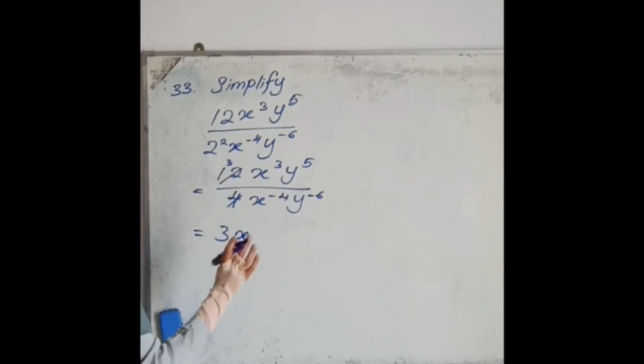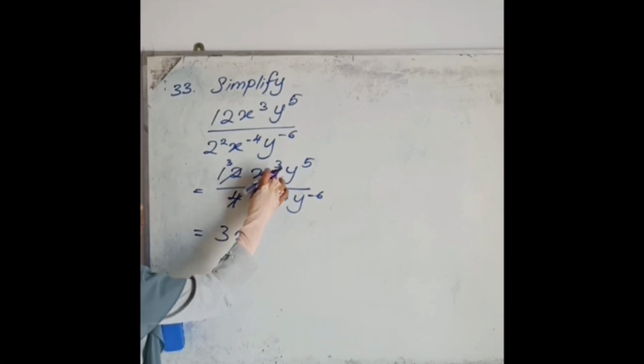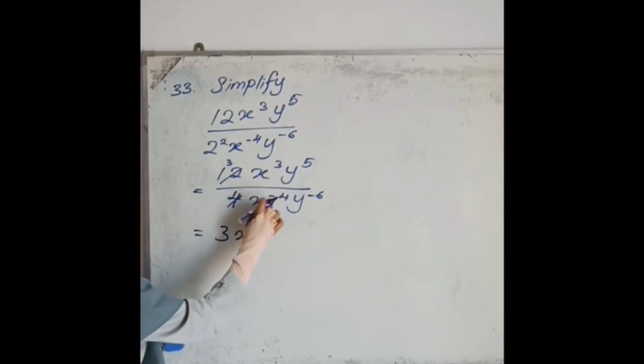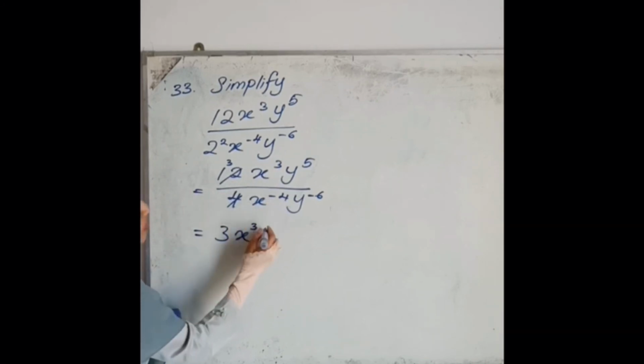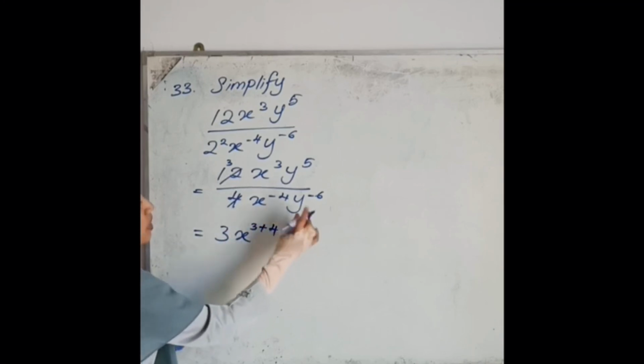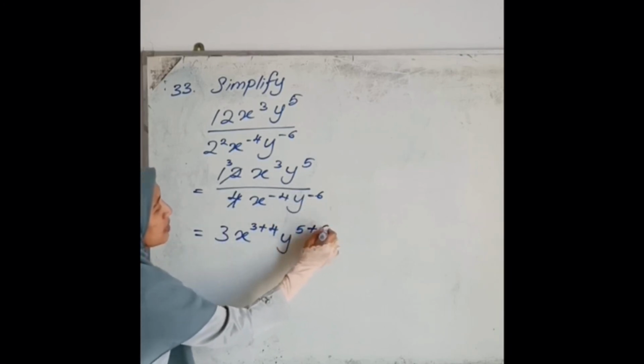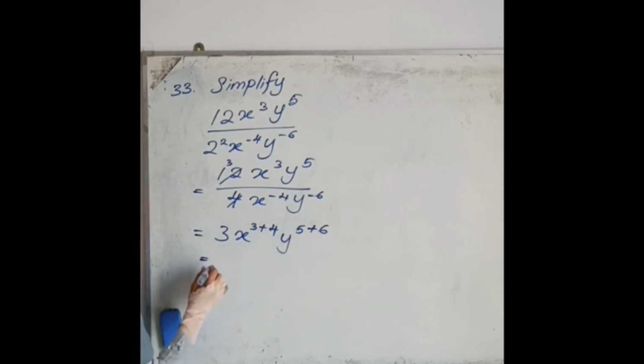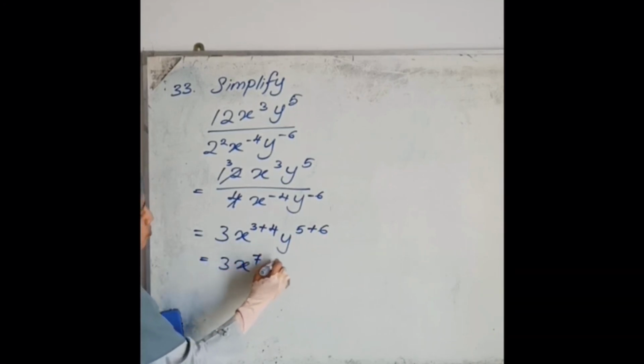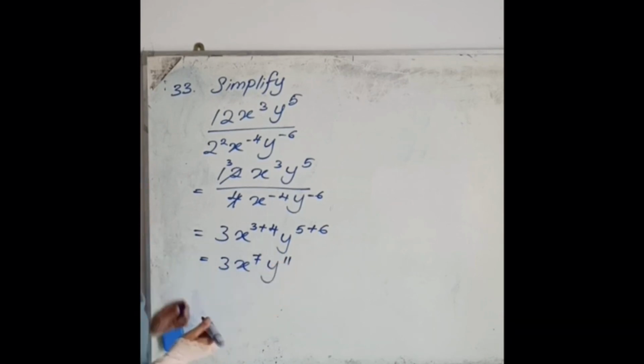Okay, this one the teacher says bring up the power. So x, 3 minus negative 4. But since it is at the bottom, divide. So minus negative 4 plus 4. Y to the power of 5 minus negative 6 plus 6. Okay, we can skip the step.